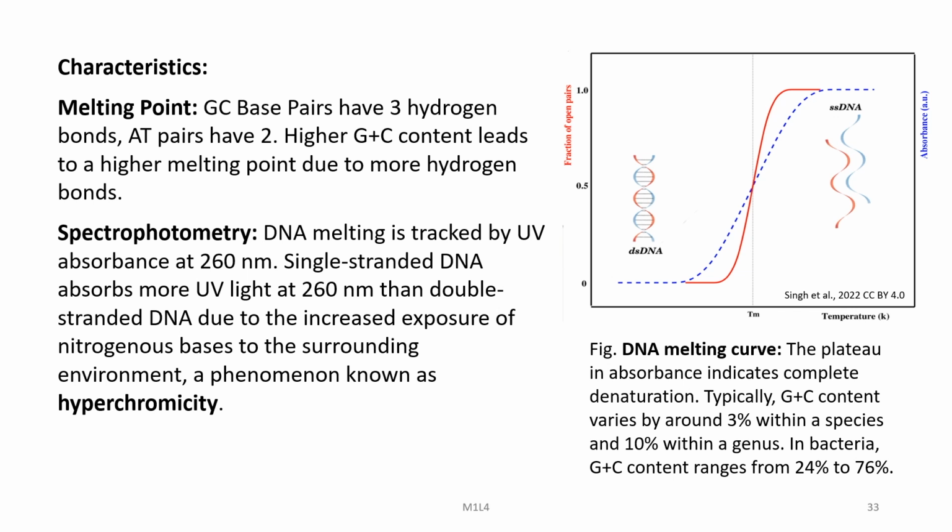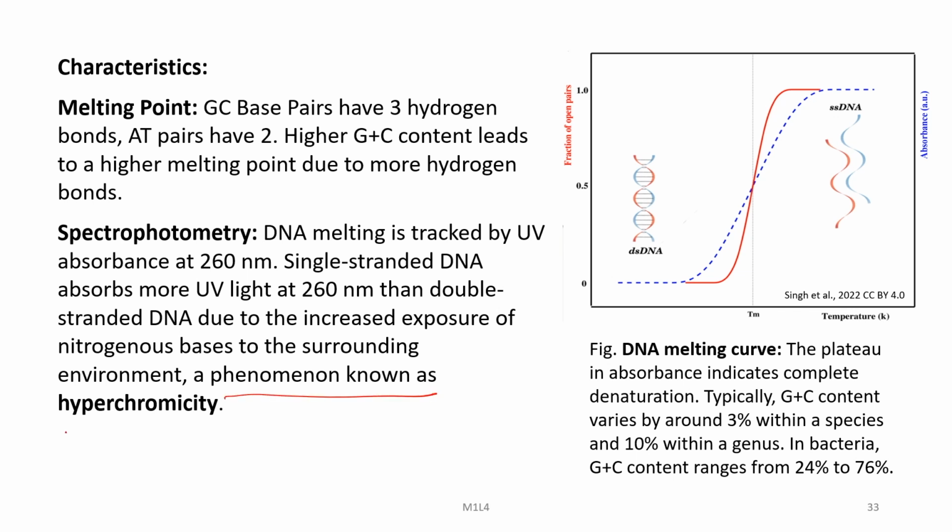So, this is basically a spectrophotometric graph. DNA melting is tracked by UV absorbance at 260 nanometer. Single stranded DNA absorbs more UV light at 260 nanometer than double stranded DNA due to the increased exposure of nitrogenous bases to the surrounding environment.